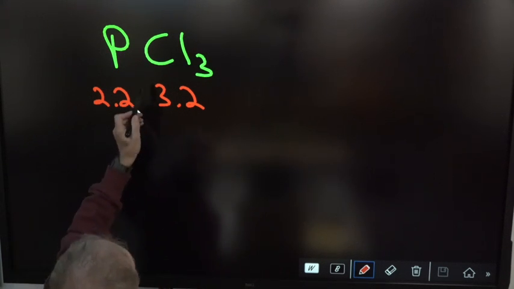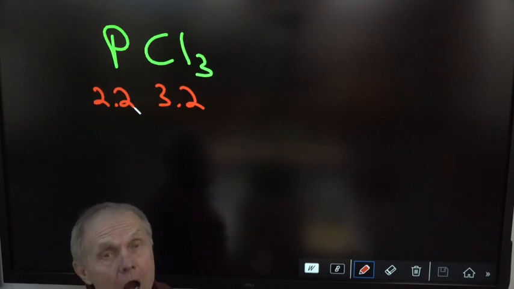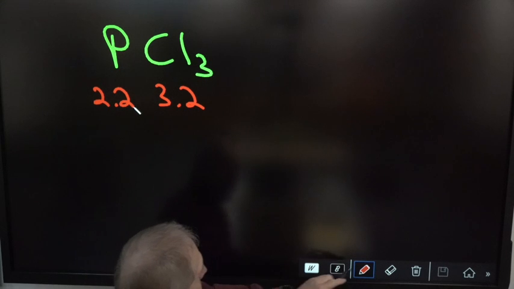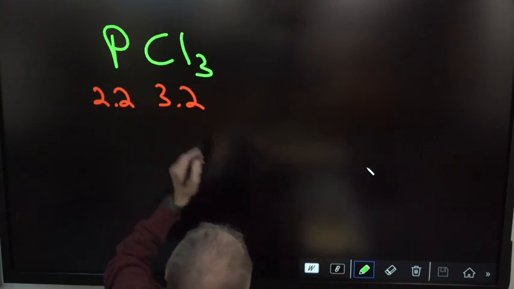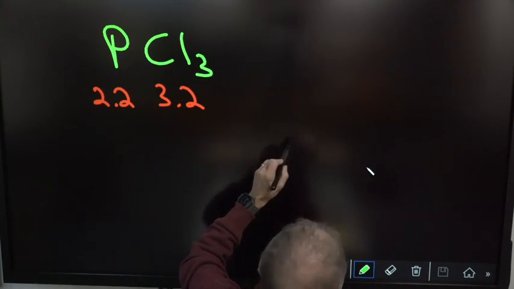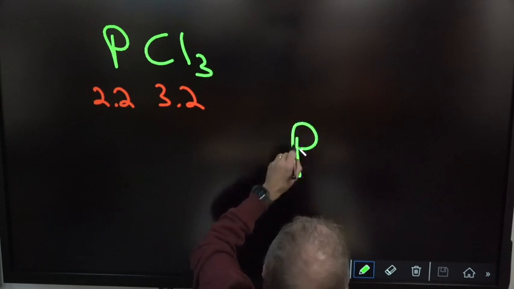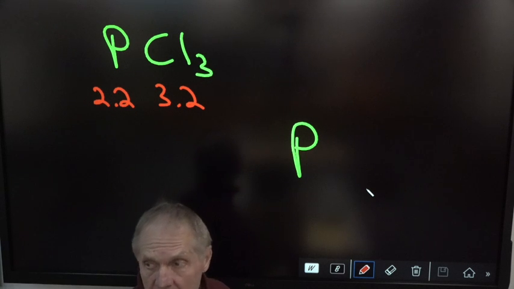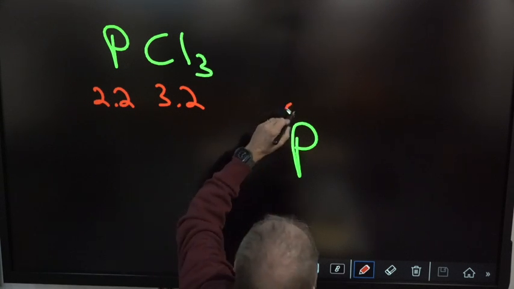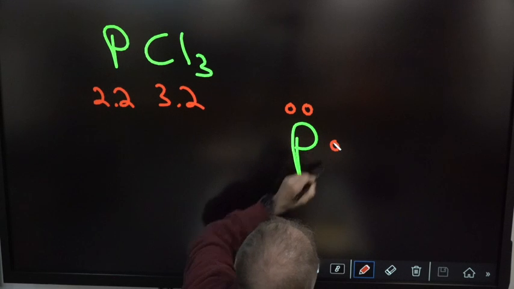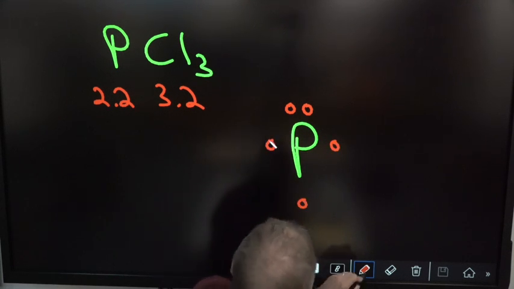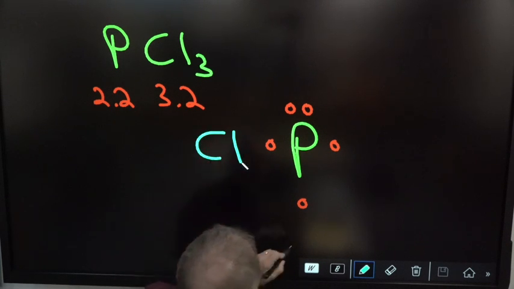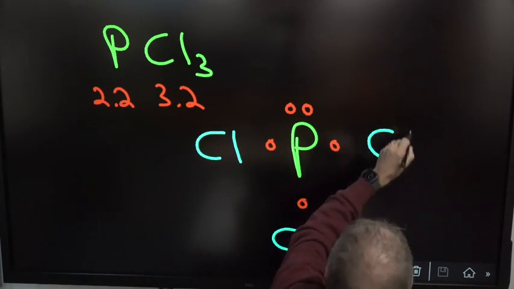So this is going to be a polar bond, but let's electron dot it and check it out. So I have P, we'll start with the P, and P is in group 15, so it's got an S2P3, like that. Then I'm going to make a Cl here, a Cl here, and a Cl here.